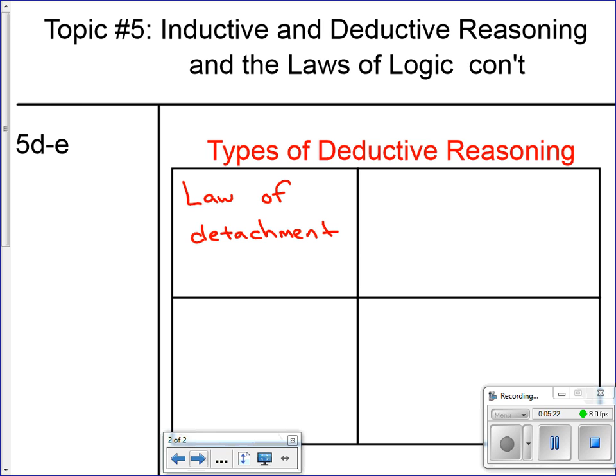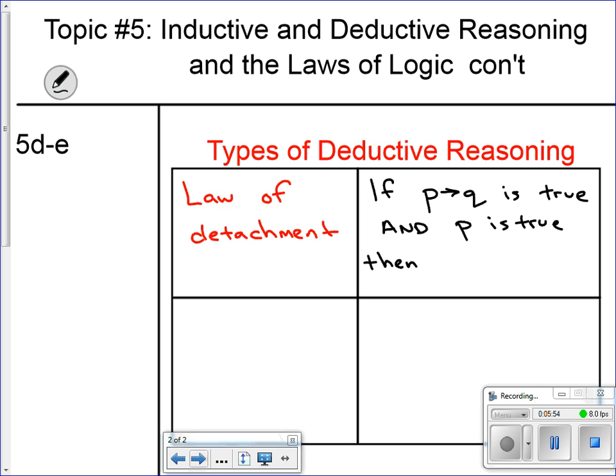In this case, the law of detachment is simply saying, if we know P implies Q, or if we know if P then Q is true, if we truly, there's no question, this is true, and anytime we know that P is true, then Q also must be true.